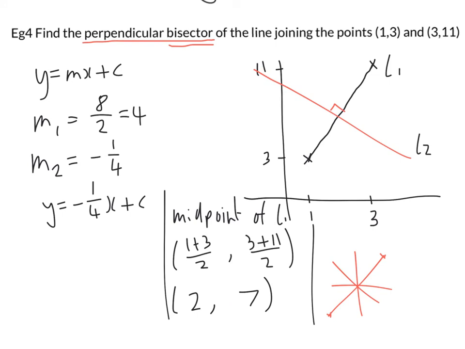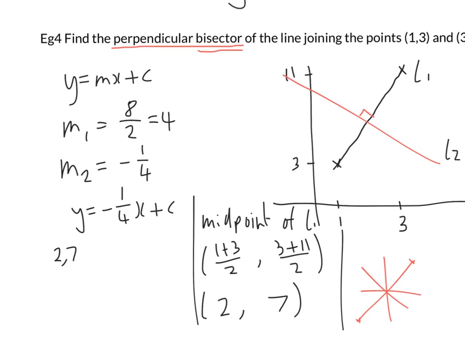So that point can go into this equation. So we sub in 2, 7. So the y value is 7 and the x value is 2. And if we work out negative a quarter, if you double that, you'd have negative 2 quarters, or negative a half.